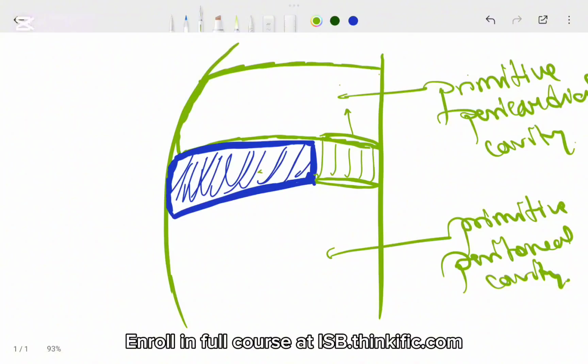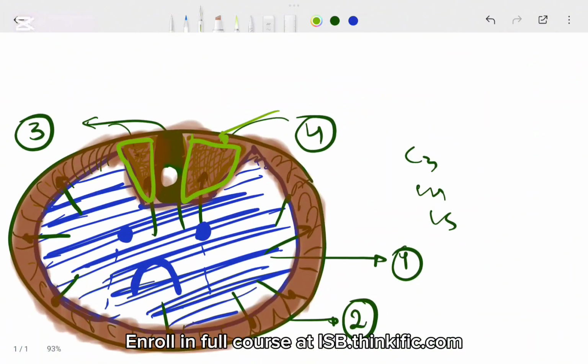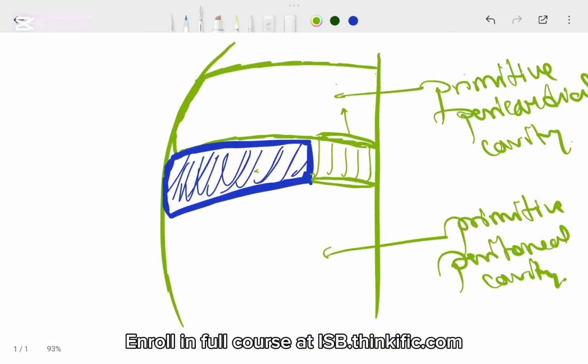But this section, I took it on the side here. You get me? The section is here. So we look here. This is the primitive pericardial cavity on top and the primitive peritoneal cavity down below. And there's a canal between them. If you have to name this canal, what are you going to name it?